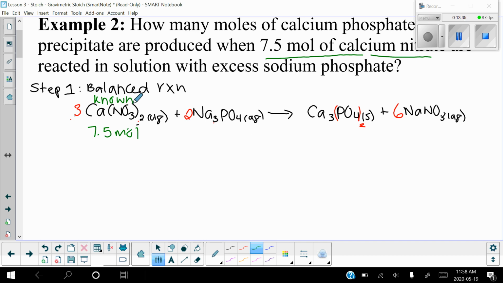A lot of students think that you only can have reactants that are known. Okay, and then we are looking for how many moles of calcium phosphate is created. So that's this guy here. We're looking for blank moles. Great, this was step 2, listing your known and your unknown.